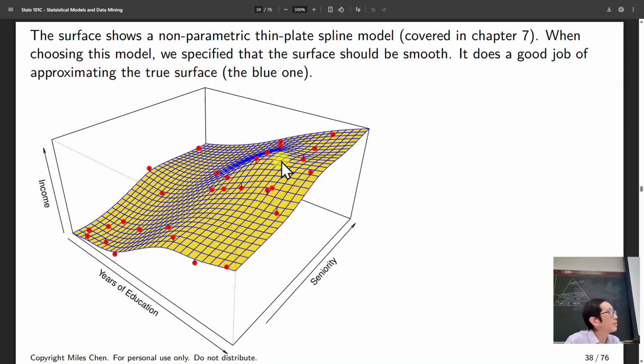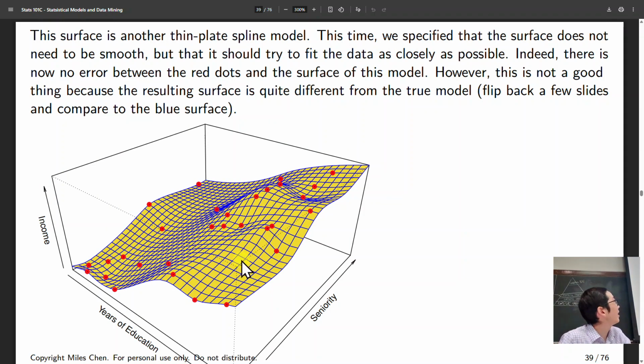So, we get a few weird artifacts because it's fitting the red dots a little bit, it's overfitting just a little bit, okay? And if you take it to the extreme and you just say, hey, give me a surface and fit the red dots as much as possible, I want to minimize any kind of error here. And you can see there's very little residuals here. But now you get this very wobbly, bumpy surface because it's really trying to fit the observed data as much as possible, okay?